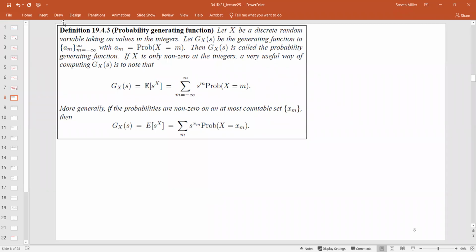Can somebody give me an example of a random variable that only takes on integer values? Let's say non-negative integer values. Coin toss. Give me another example. That's only two values, 0 and 1. Number of popcorn buckets sold. Rolling a die.